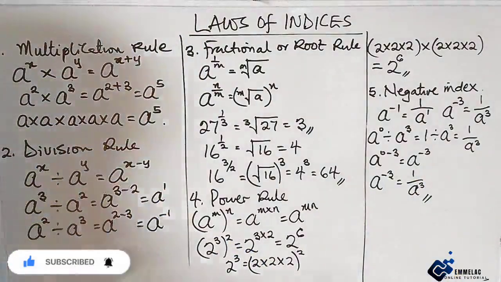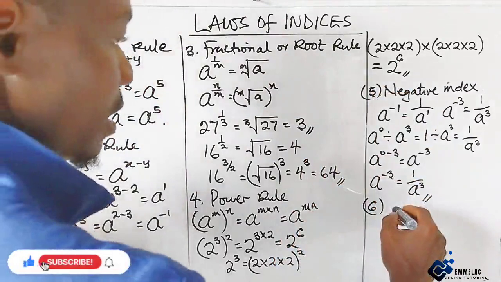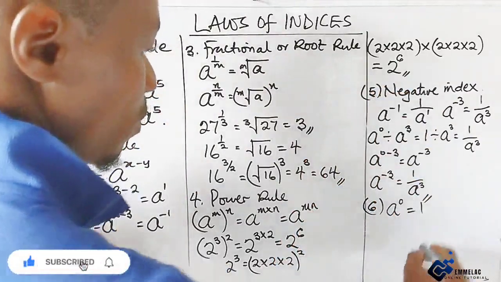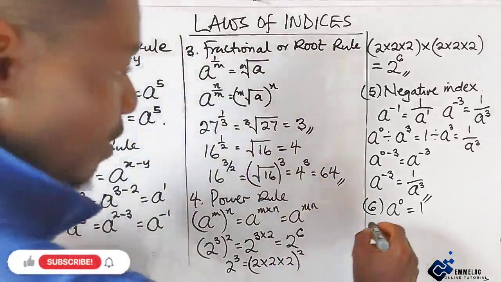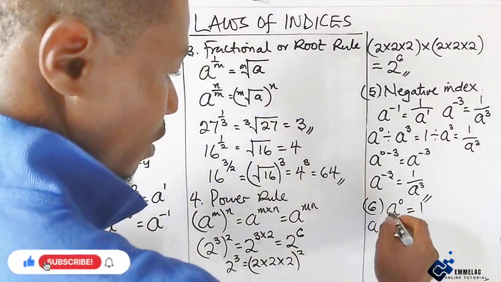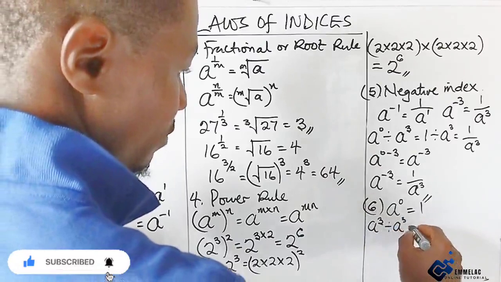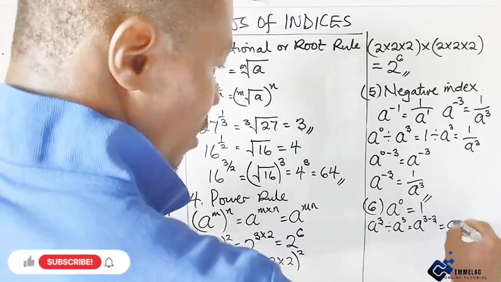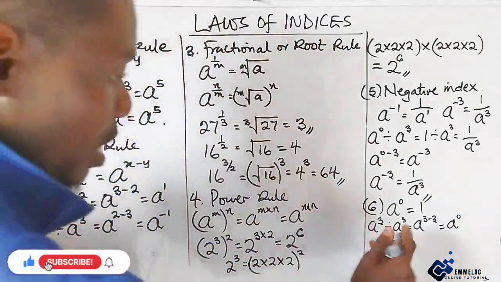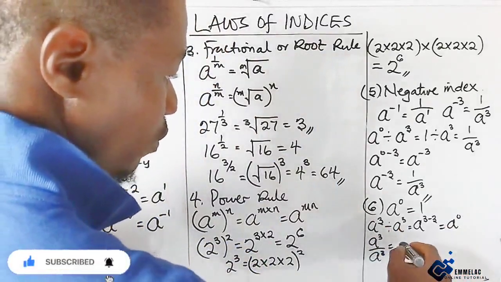Alright, so these are the laws. For the sixth one, which is the zero law, a raised to the power of 0 equals 1. To prove that, following the division law, we can say a raised to the power of 3 divided by a raised to the power of 3 is the same as a raised to the power of 3 minus 3, which will give us a raised to the power of 0. Also, we can say this is a raised to the power of 3 over a raised to the power of 3, which, when you cancel out, equals 1.